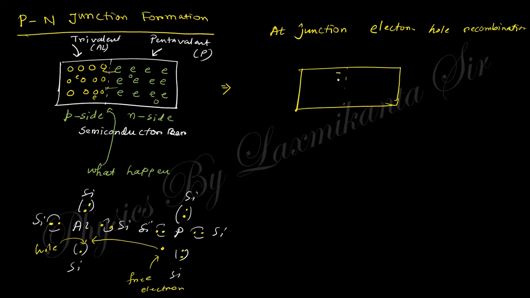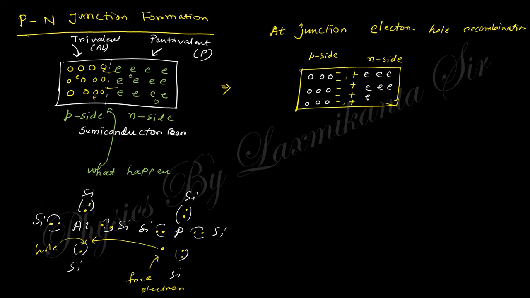So a negative charge is produced here, and this atom, which ejected the electron, becomes positive. So this is the n side, this is the p side, and on the other side there are holes here also, and these are the electrons.